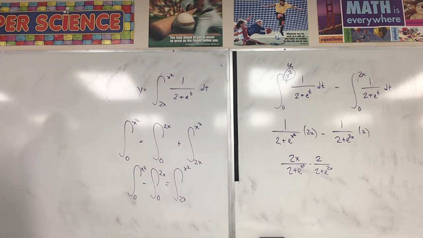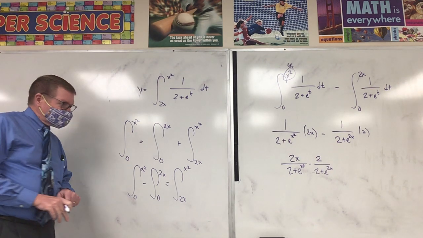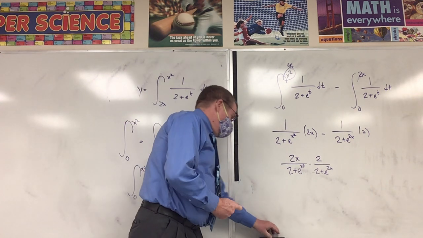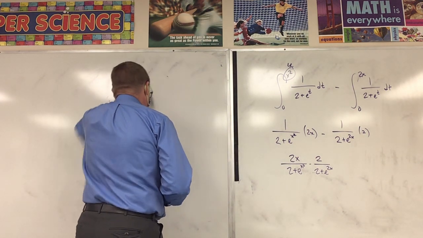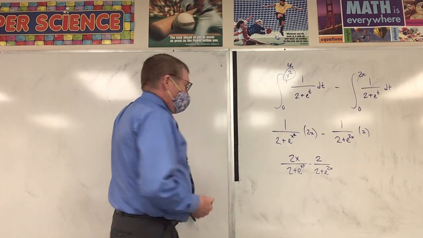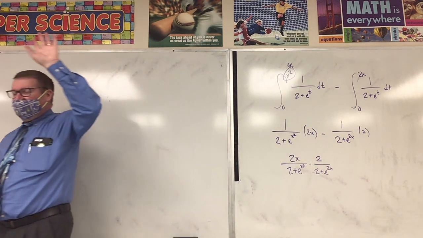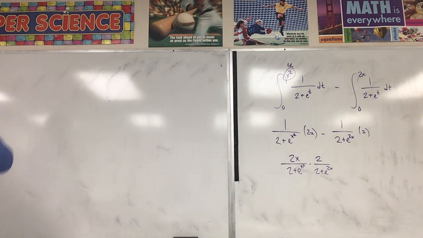So let's look at some examples. Turn to page 302. Again, how do I know when I have a composite? Anytime that the upper limit is not an x, I would have a composite. So take for instance number 1 on page 302.